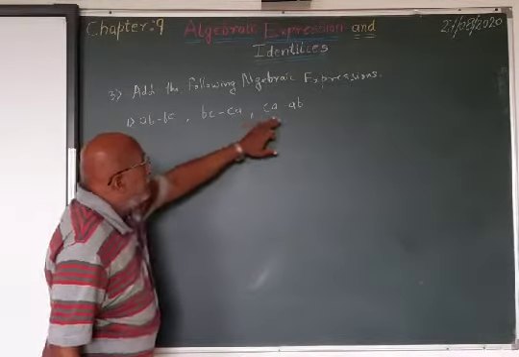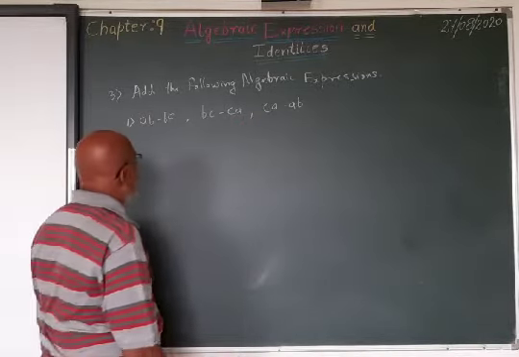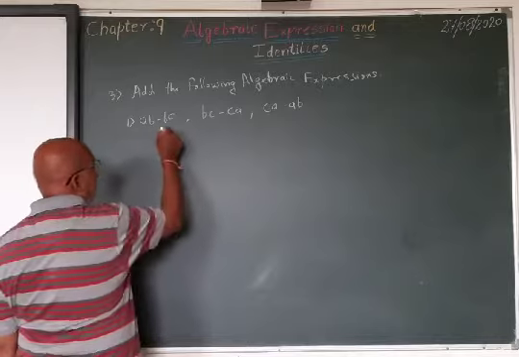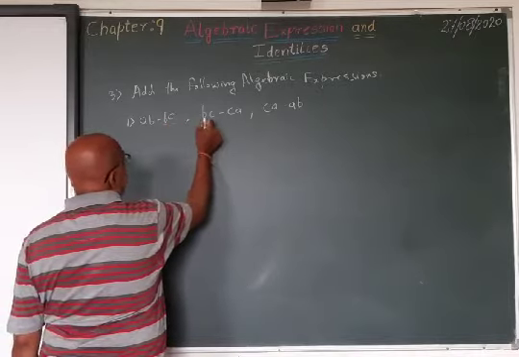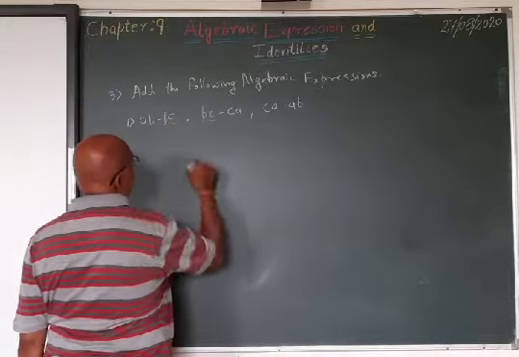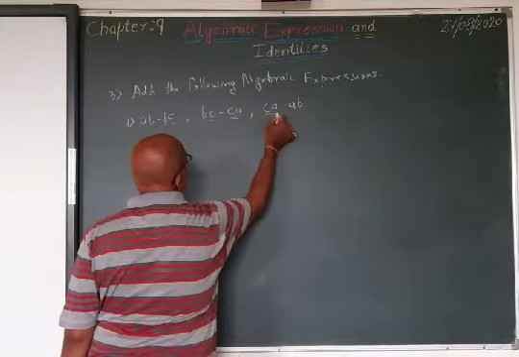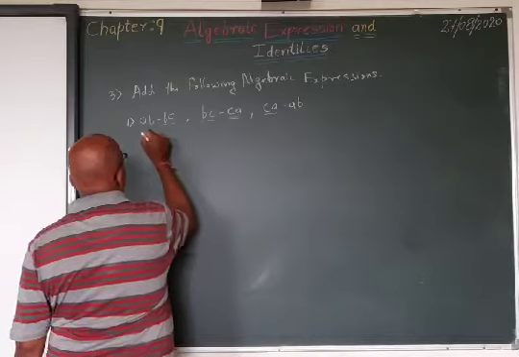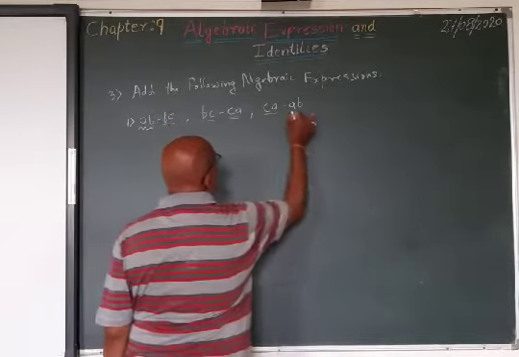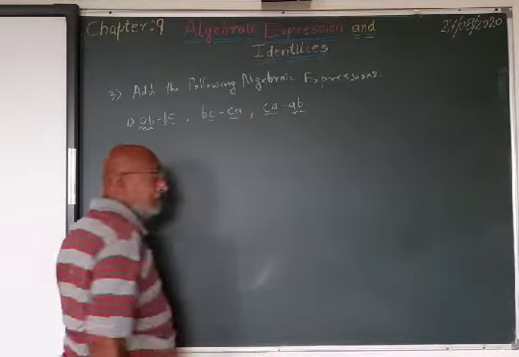Now here, these three algebraic expressions are there. We have to see the common terms. Now see, this is the common term. Then CA and CA, again the common term. AB and AB, the common term.